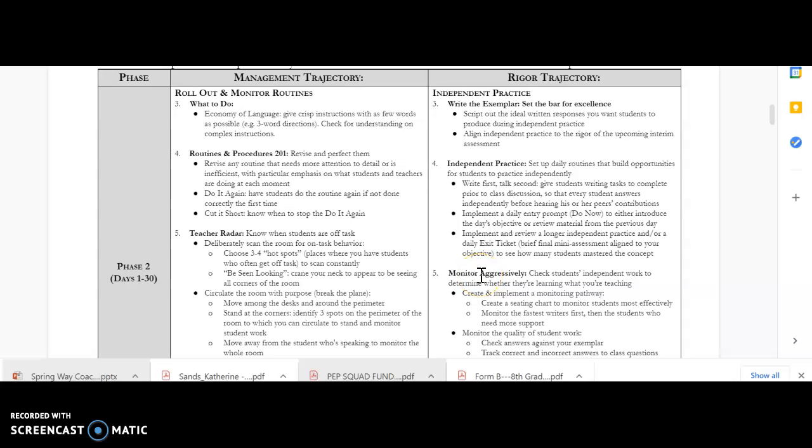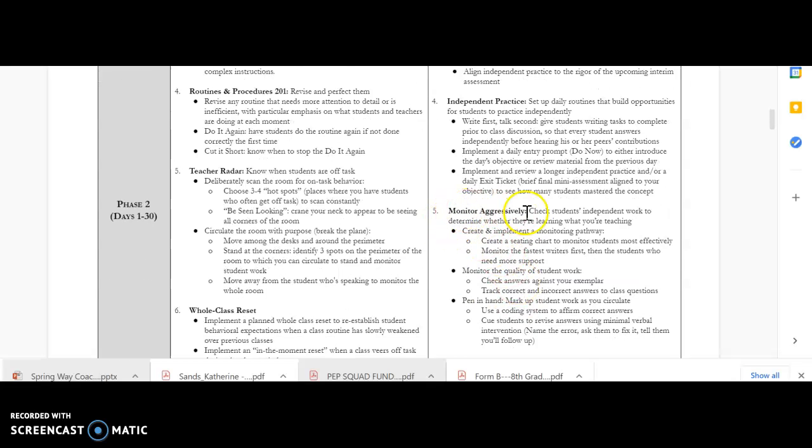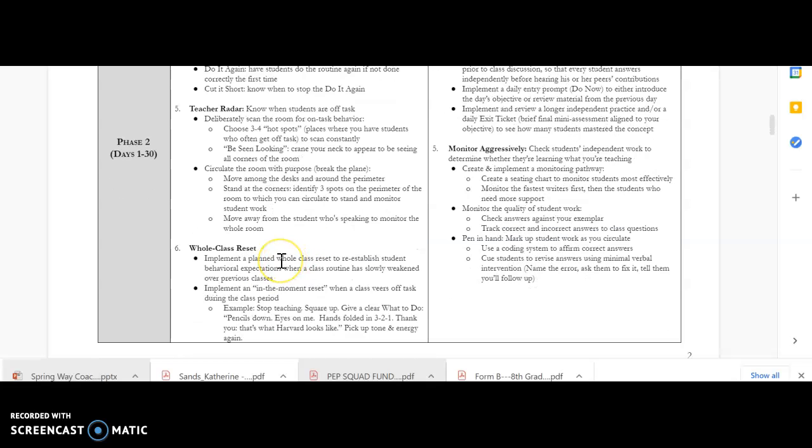And then again, we can discuss that. It's on the basics, so you just take a look at it that way. Again, whole class reset will fall into the category of phase two. What that looks like is that when you know that you guys already had something going on pretty well, but then things just kind of fell apart as time went on, you might have to do a quick reset.